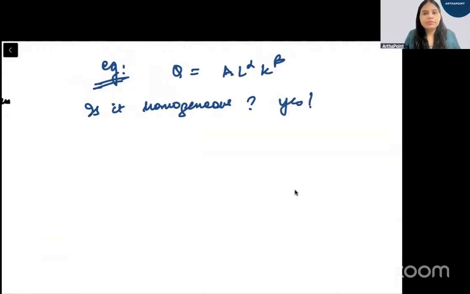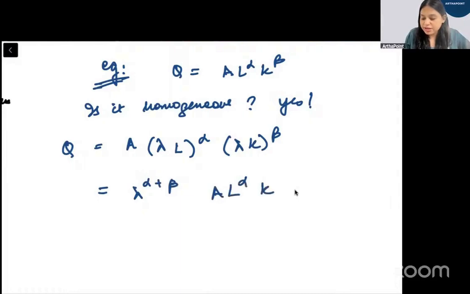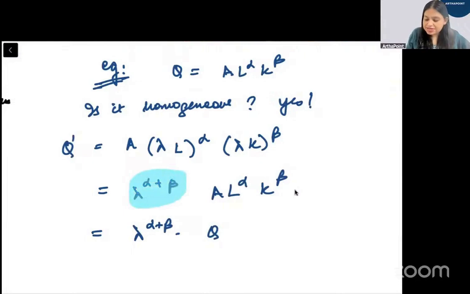Yes, this is homogeneous. Why? Because if we scale L by lambda and K by lambda, we are able to take the lambda factor out as common. So we are able to write this as lambda to the power alpha plus beta, A L to the power alpha, K to the power beta, which is lambda to the power alpha plus beta into the original Q. So we are able to take this lambda factor out. Therefore, it is homogeneous. Is it homothetic?